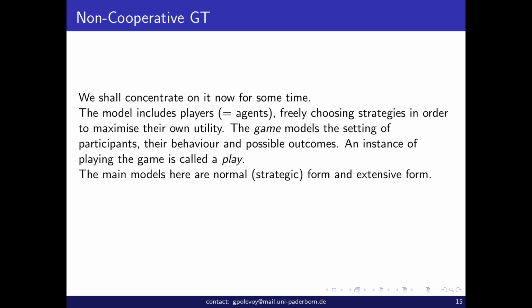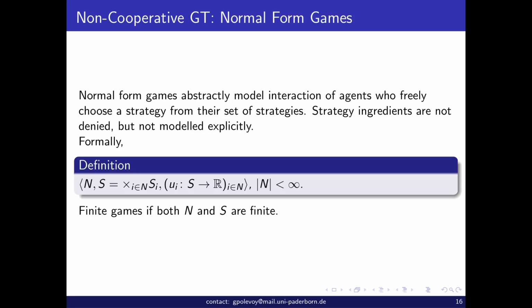Now, the main models here are the normal form game and the extensive form game. Normal form game is also called strategic form game. And normal form game is the following. It abstractly models interaction of agents.